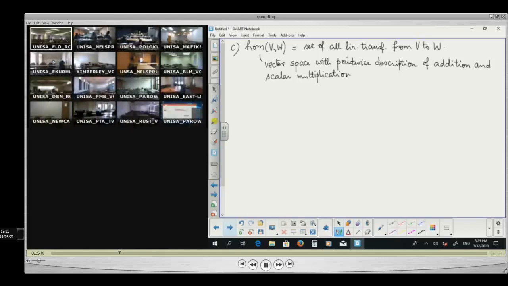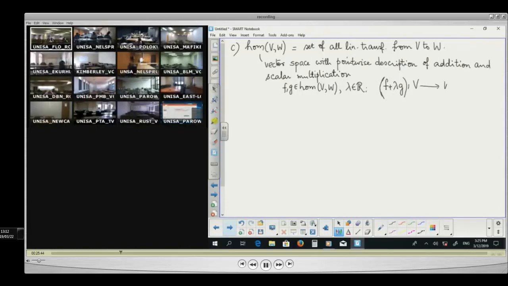If f and g are in this, and lambda is a scalar, f plus lambda g is also a function from V to W. How is it defined?